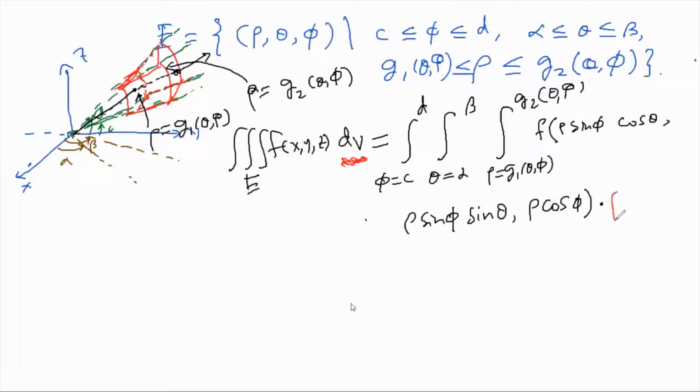Basically, this is the Jacobian. So rho squared sine phi, then d phi, d theta, d rho. So dV becomes this. And just remember the term. This is the Jacobian. And we'll discuss what the Jacobian is in the next section.